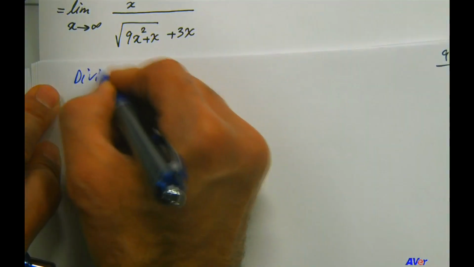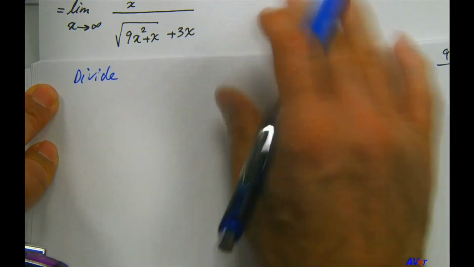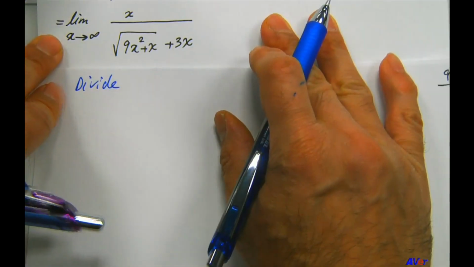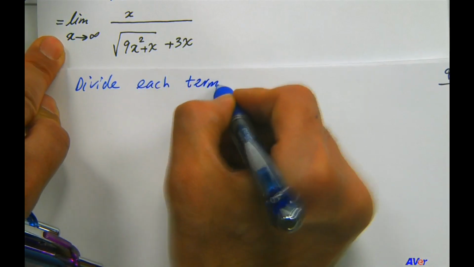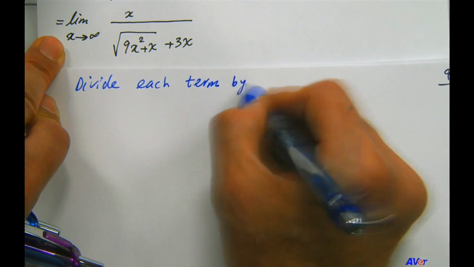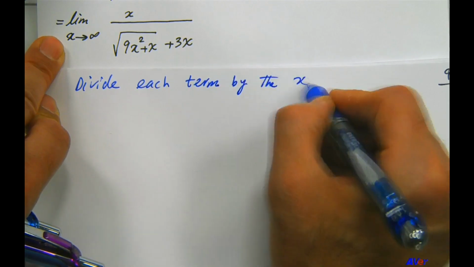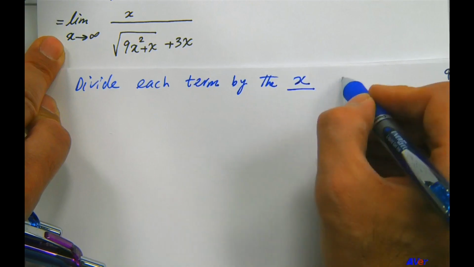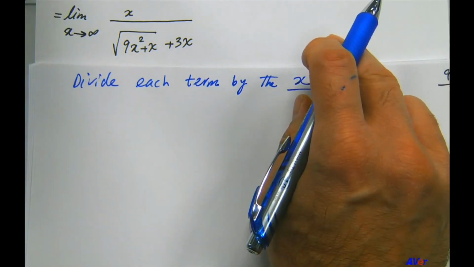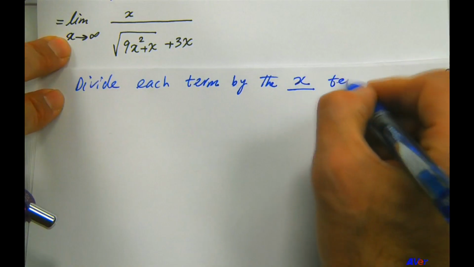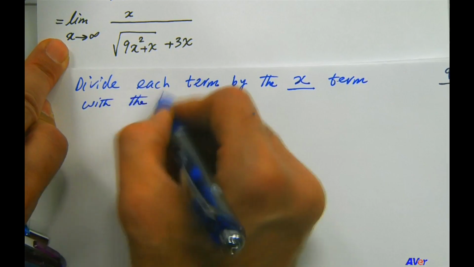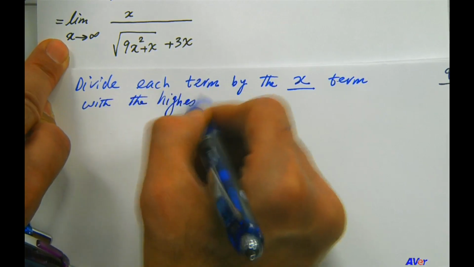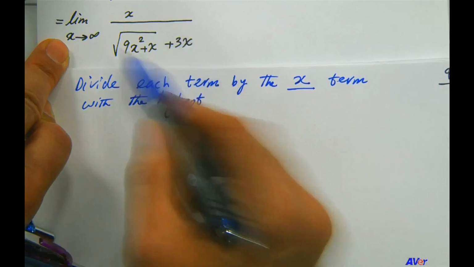So let me write this down. Divide each term by the x term with the highest power. Remember, you don't have to divide by the coefficient.